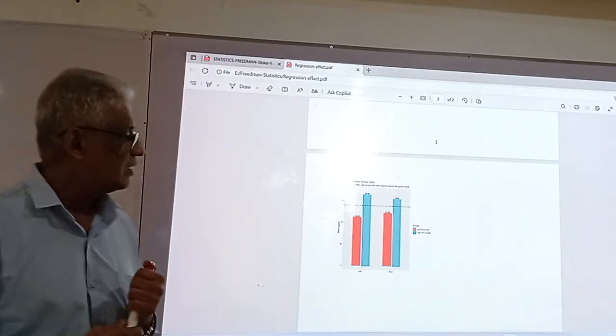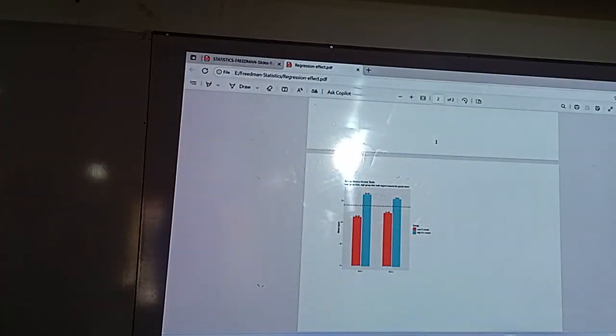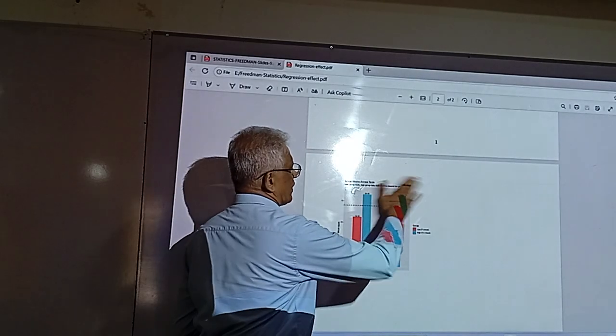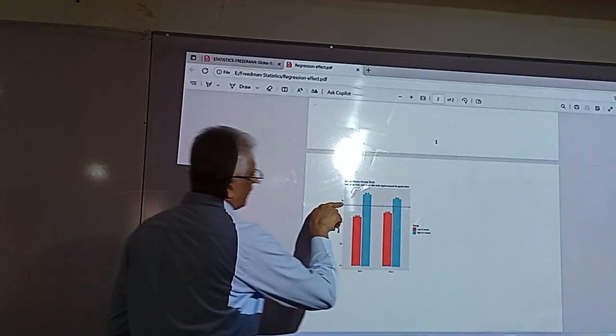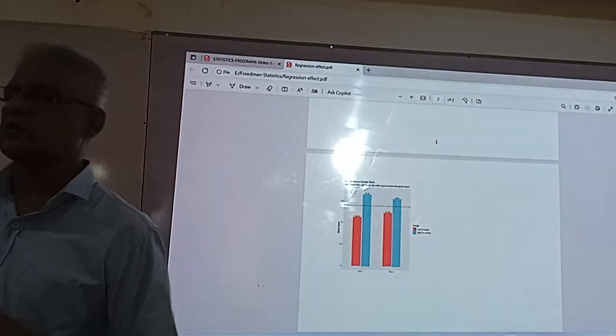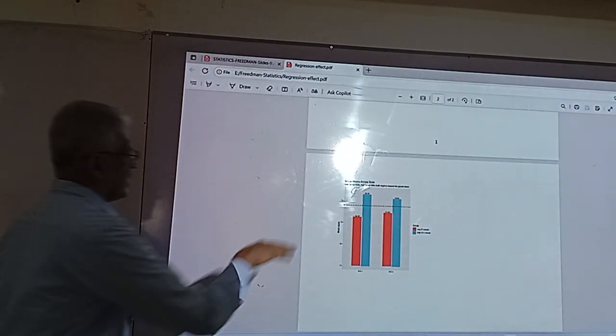I'm considering the relationship between test 2 marks and test 1 marks, and this is generated data. So suppose according to my generated data, the average marks of test 1 was somewhere here.